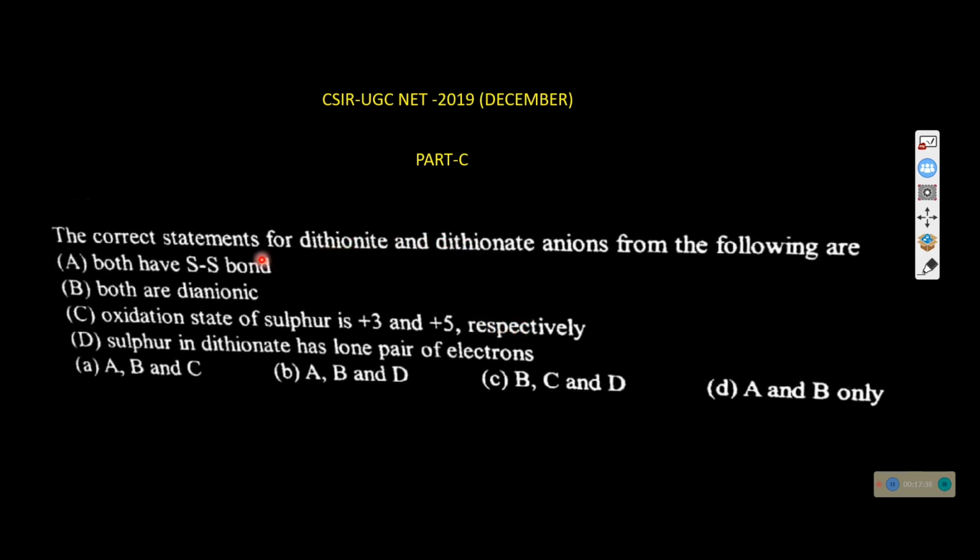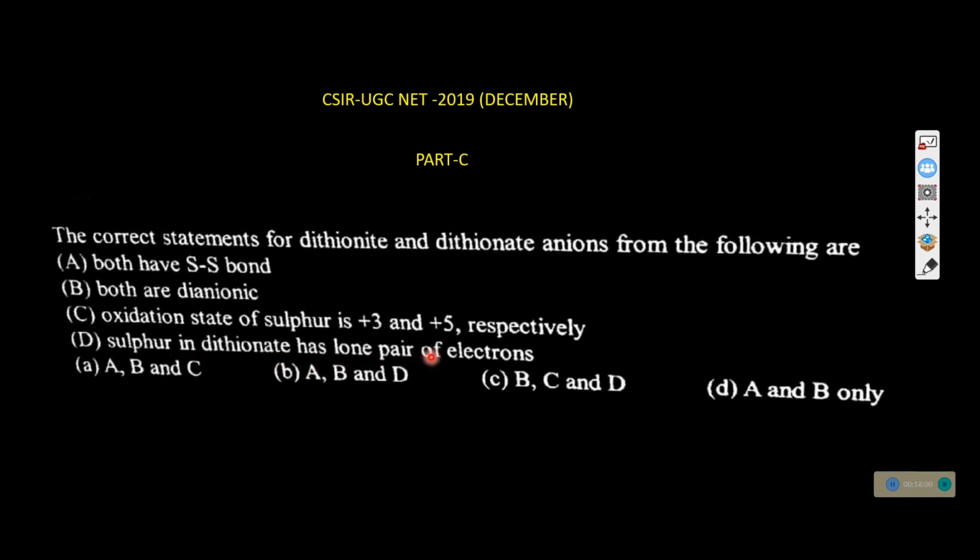If it said dithionate and dithionite, then it would be reversed, +5 and +3. Dithionite and dithionous acid, the sulfur atom is in +3 oxidation state. Dithionate and dithionic acid, the sulfur atom is in +5 oxidation state. It's also correct. And option D says sulfur in dithionate has a lone pair of electrons.